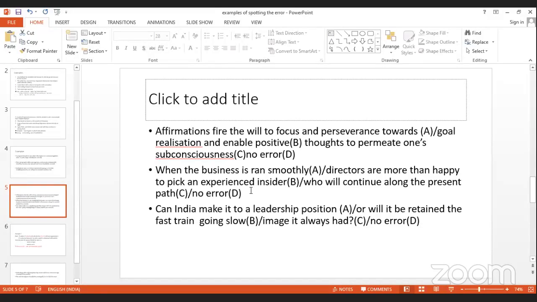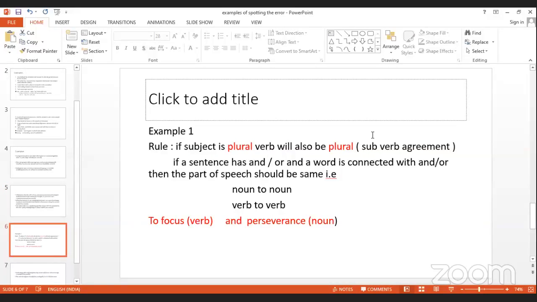Yes, has. Image it always had, it will be has. So the error was in C. Now, for spot the error, you just need to spot it. You don't need to correct it. Okay. Let's move on to the next slide.